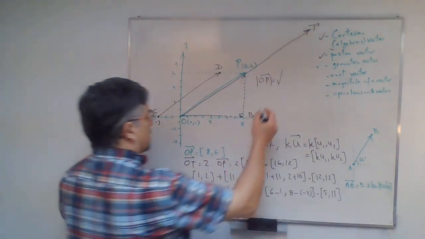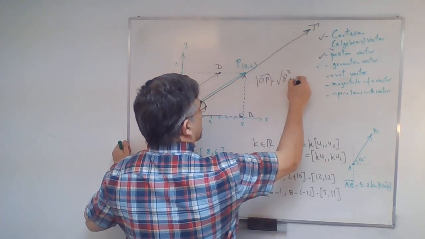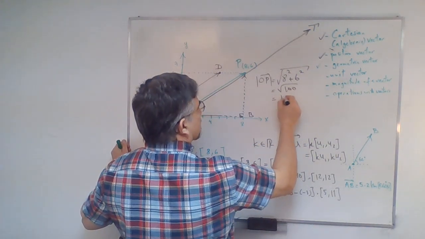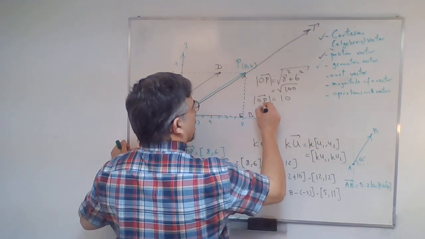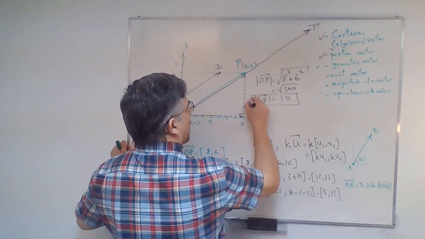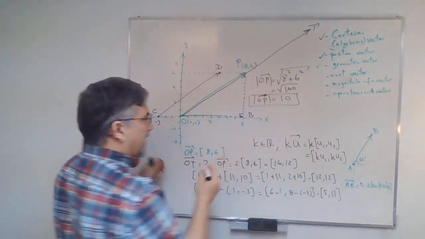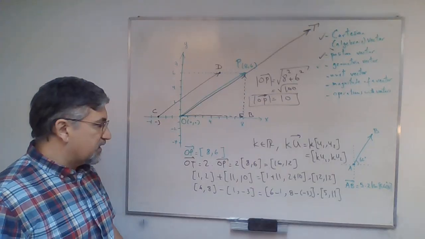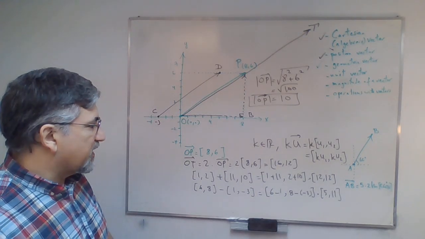No secret here. So it's going to be the square root of 8 squared plus 6 squared, and that will be, of course, 10. So we see that the magnitude of vector OP is simply 10, and I used Pythagorean theorem to find that.